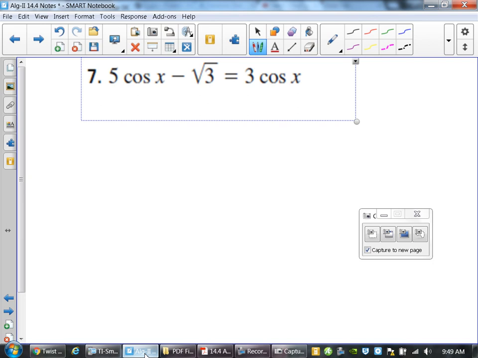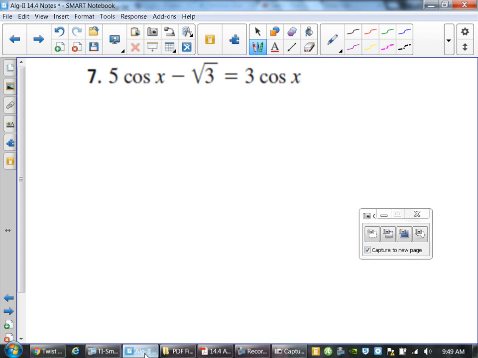So think of this problem. You have 5 cosine of x minus root 3 equals 3 cosine of x. Think of this as having variables on both sides of the equation. Whenever you had variables on both sides, what did you do? Move them. Which one is going to be easier to move, 5 or 3?